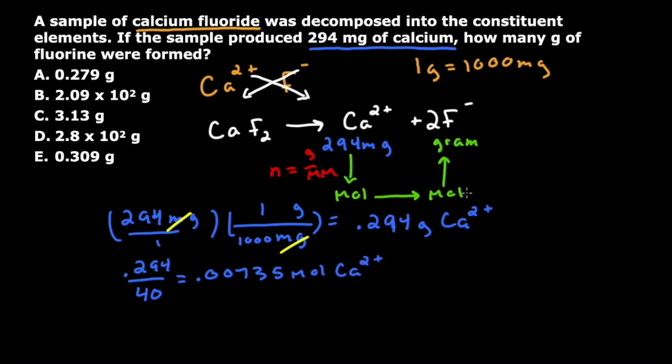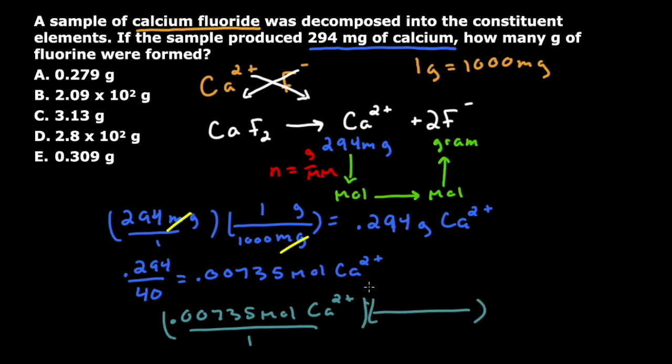And so now what I'm going to do is take this 0.00735, and that'll be moles of this Ca2+. I'm going to put that over 1 like this, and I'm going to go from this chemical here, the Ca2+, to this chemical right here, this F-. And so I'm going to put Ca2+ on the bottom and then F- up top, kind of like what I did over here.